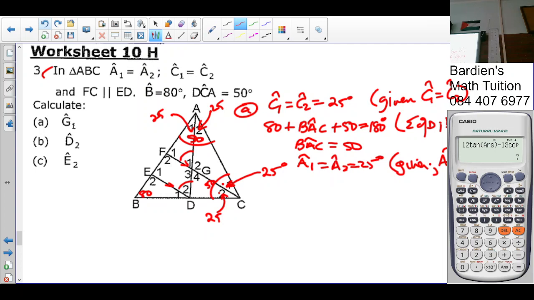Now it's enough to conclude that angle G1 is equal to A2 plus C1, which is 25 plus 25, which is 50 degrees. Why? It's the exterior angle of triangle GAC.